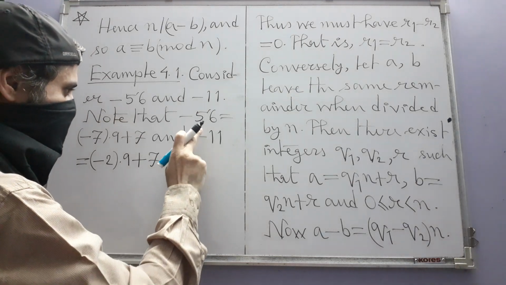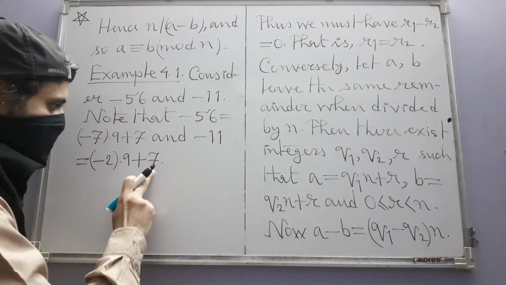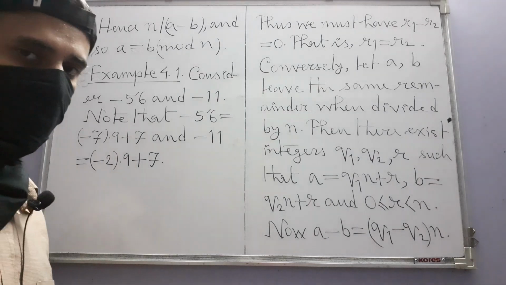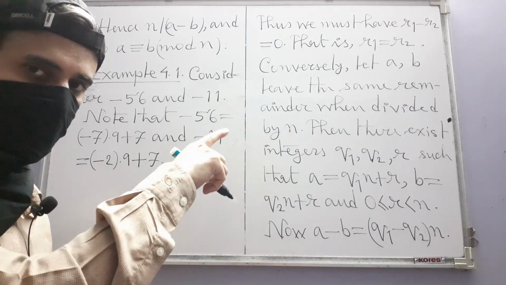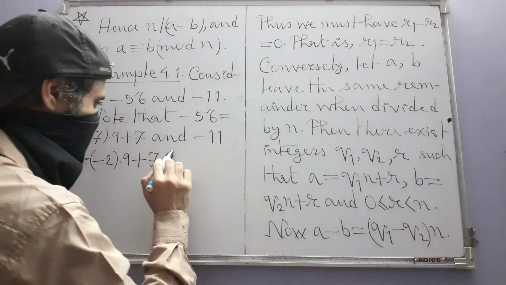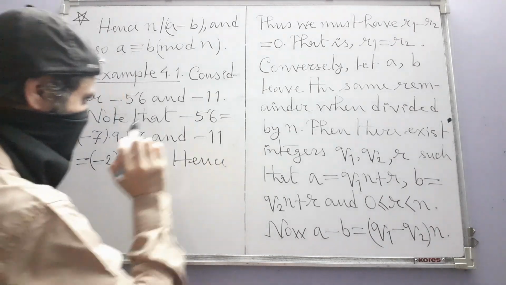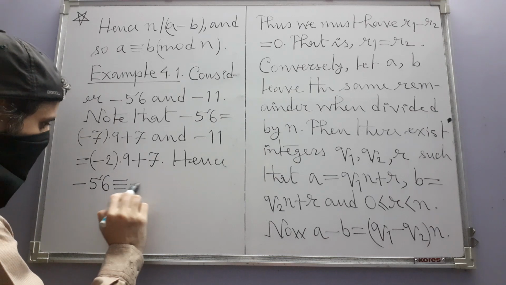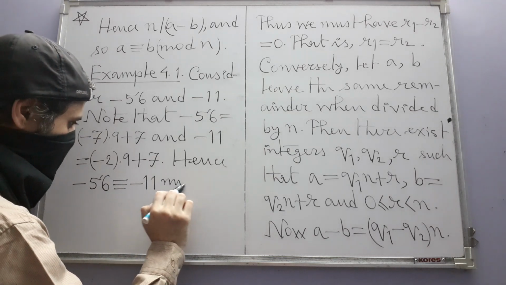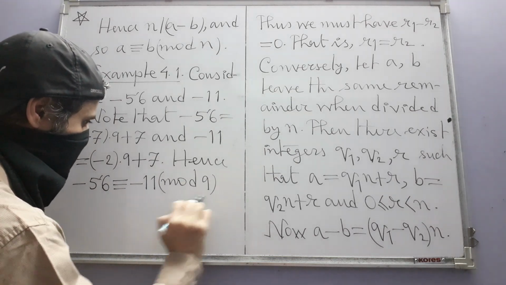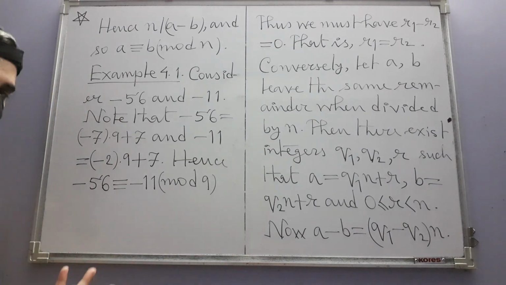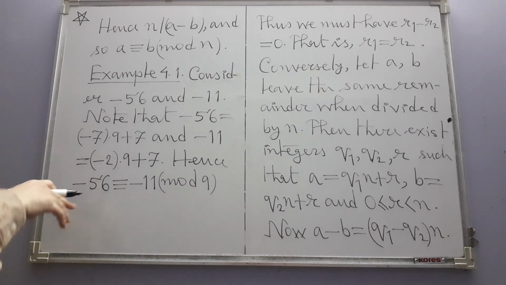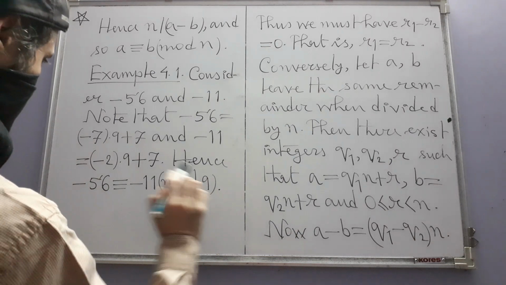Because minus 56 and minus 11 have left the same remainder when divided by 9, they must be congruent to each other modulo 9 by the above theorem. Hence, one can of course verify this using the definition, but we are illustrating that theorem, right? So we can look at it like this also.